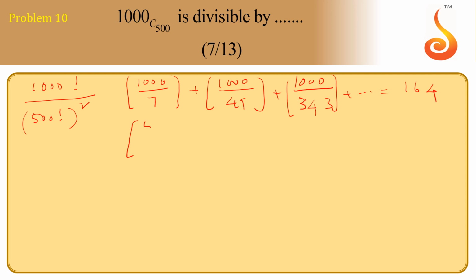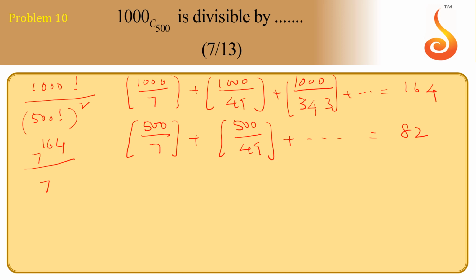Then in 500 also, if you calculate 500 by 7, 500 by 7 square, like this, you will get 82. So what you got, 7 power 164 in the numerator and 7 power 82 whole square, which is 164, means there is no 7 exponent in 1000 C500, so it is not divisible by 7.